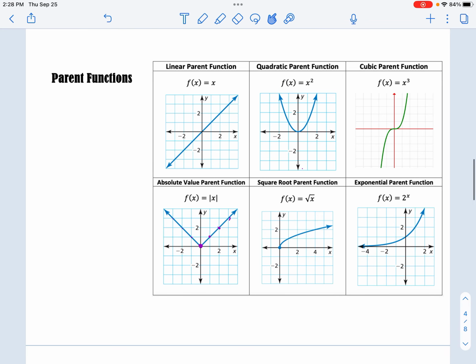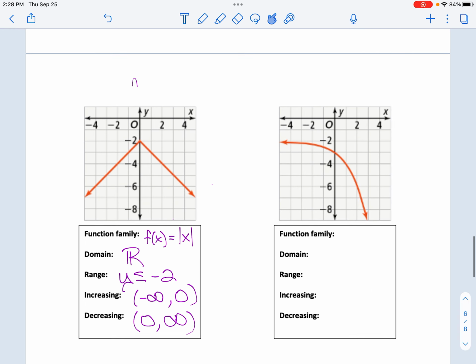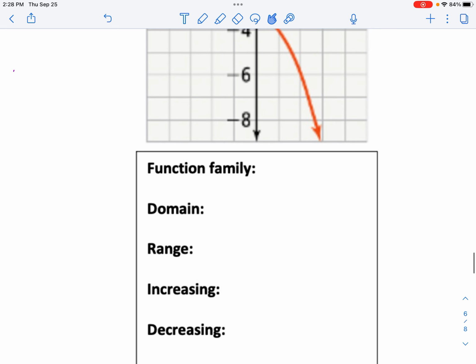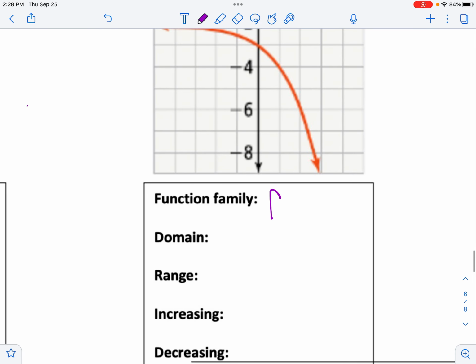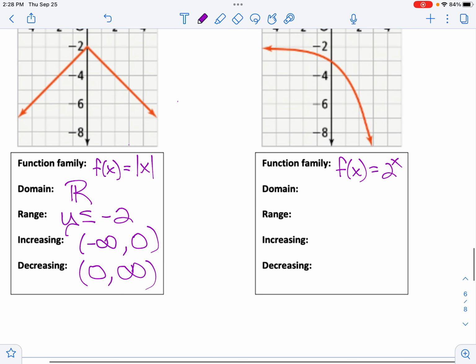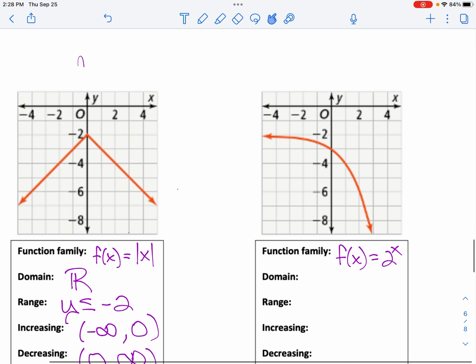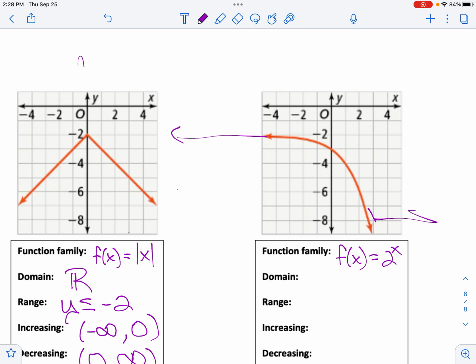So I might say f of x equals 2 to the x is my function family. Something related to that. My domain, again, this one goes all the way to negative infinity. This keeps going down, but also getting this way. So this is also all real numbers.